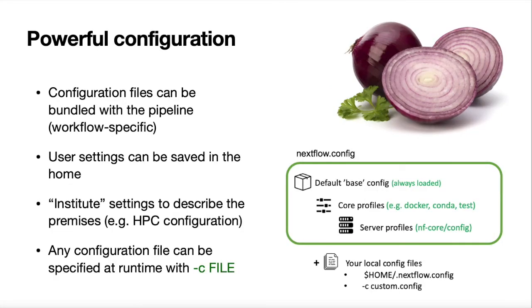Now, I will stress again that the configuration of Nextflow is something that you need to take care of as much as you take care of the scripts of the actual workflows. And it's working with an onion setup, so there are different layers. The pipeline will bring some configuration for itself, but you might have some base configuration, and then in your home directory you can have some other settings.